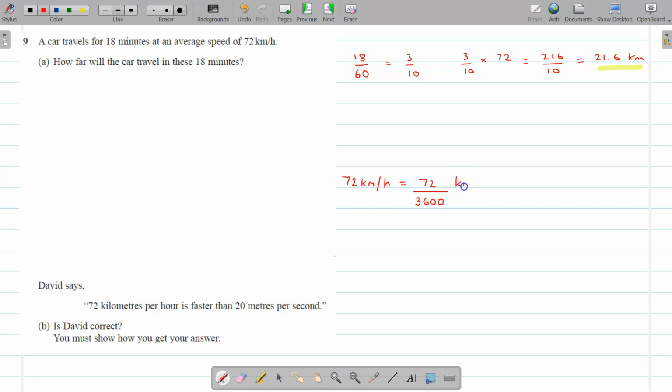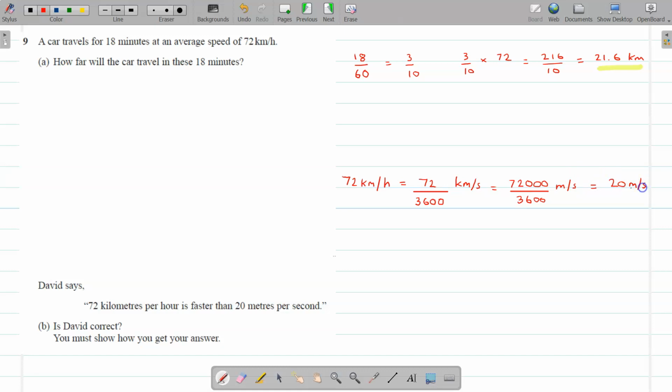What we now need to do is turn that into meters per second, and because there are 1,000 meters in a kilometer, we can say that that equals 72,000 meters, 72,000 over 3,600, and that's now in meters per second. That simplifies because 72 divides exactly by 36 twice, and if you cancel out some zeros you're left with exactly 20 meters per second.